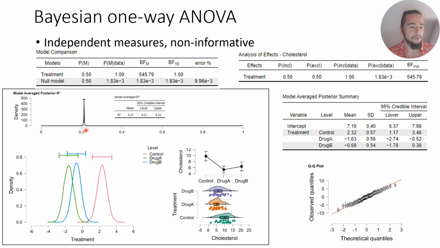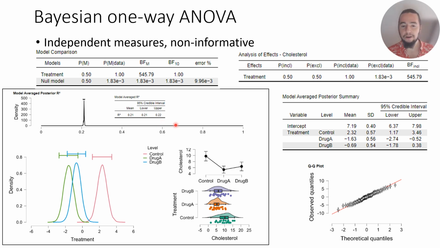This posterior distribution is very narrow and says that more or less the R squared is 0.21 with a credible interval of 0.21 to 0.22. Now imagine that this is enough for us because we have very strong support that we need this variable to understand the dependent variable, so it's a useful predictor, and we want to describe it.